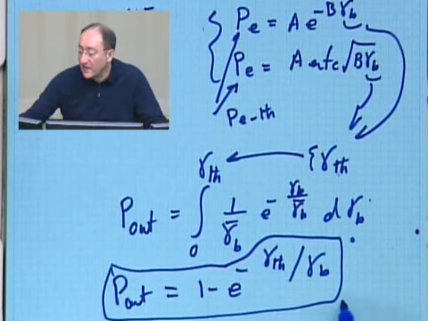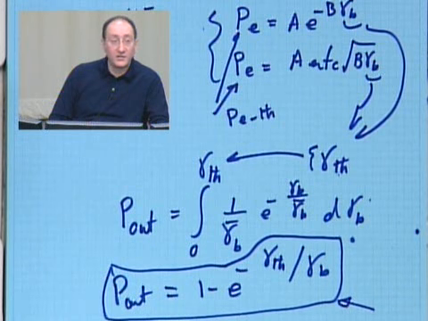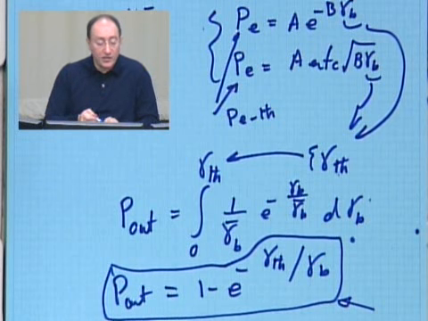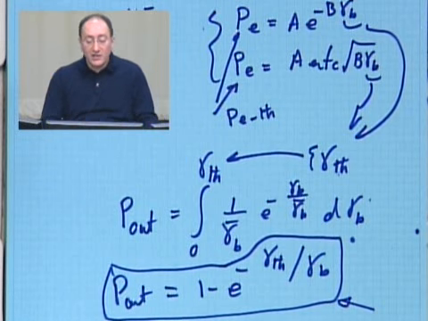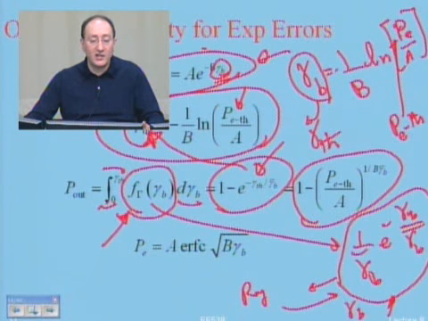And I can calculate it as simply as this, for anything it is. So again, the key of the calculation for probability of outage is, for the Rayleigh fading, the simplicity of the integral over the exponential function.